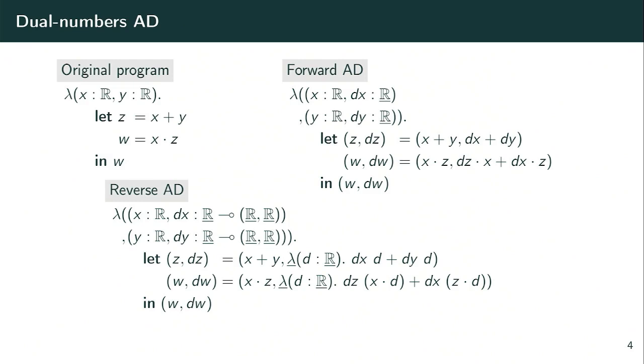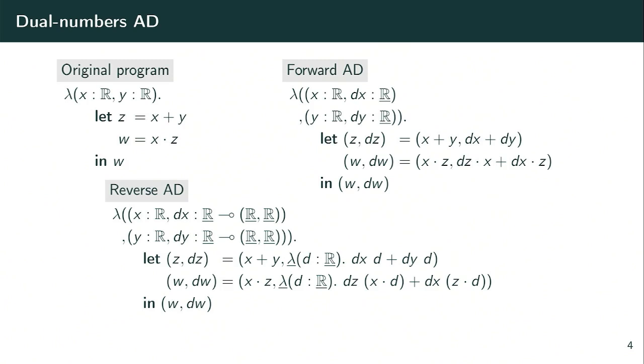So in forward mode dual numbers AD, which is one of the most well-known forms of automatic differentiation, you pair up every real scalar with a second real scalar that in some sense encodes the sensitivity of this value with respect to some unspecified earlier value. And these sensitivities you can then propagate through the program using the standard differentiation rules from high school, including the chain rule. And this allows you to compute the corresponding sensitivity for the program result.